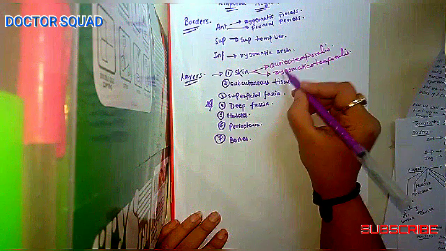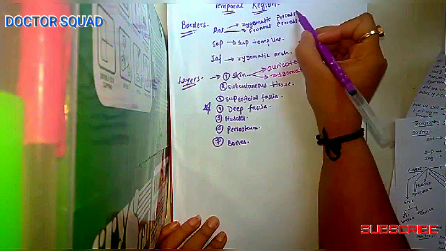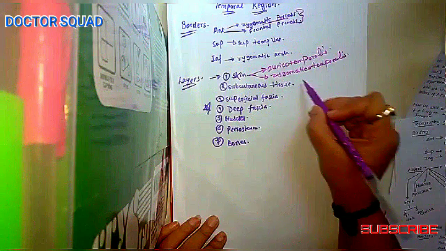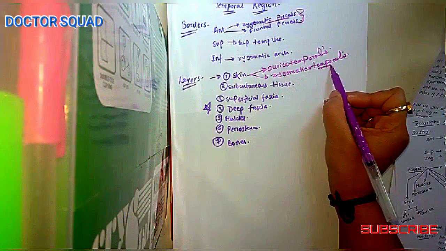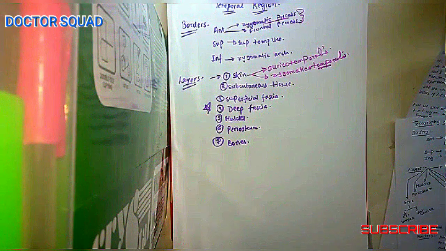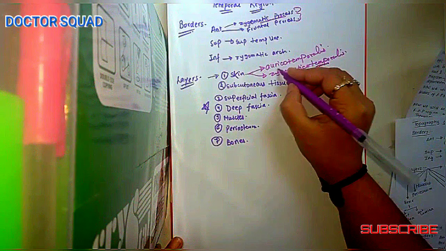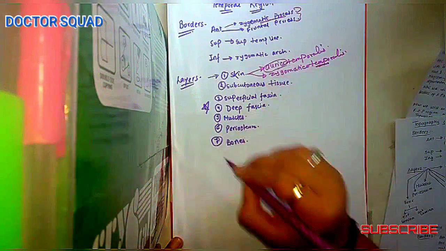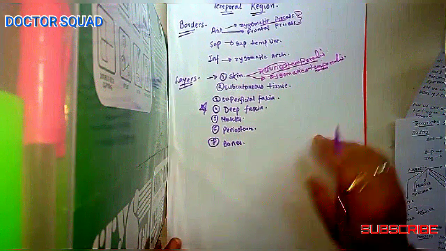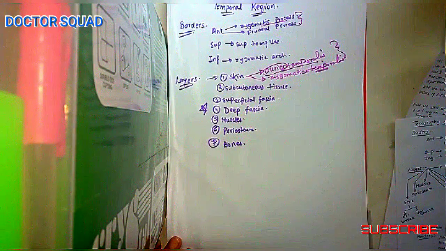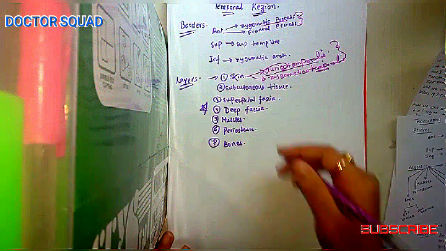You know, in the borders you can see the zygomatic process, so related to zygomatic, and which bone are we talking about? Temporal bone. So zygomaticotemporal nerve. The second, in the area of the temporalis we can see the auricle, right? So auriculotemporalis nerve. So these two nerves innervate the skin.